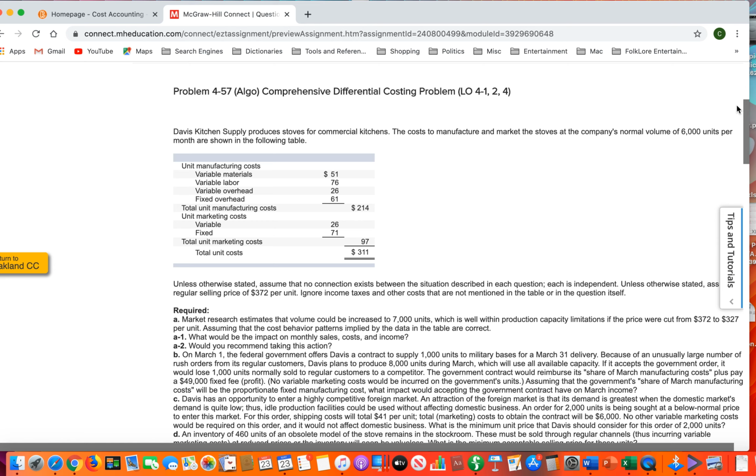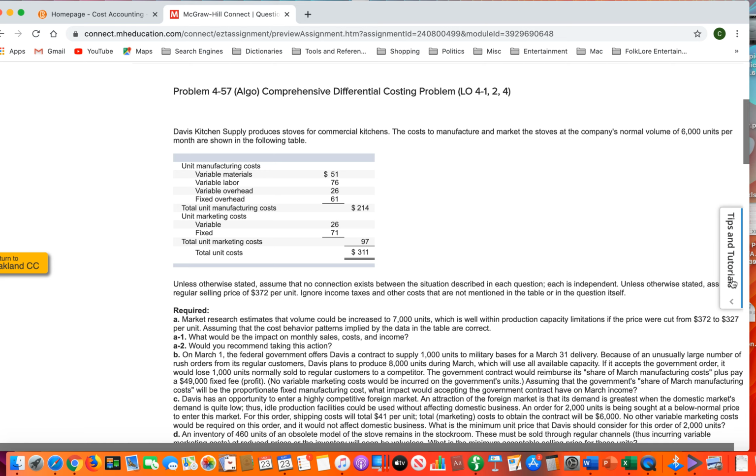The C, you got a foreign market that opens up to you. Boy, see, I want to show you how I did it. Here's what you do. You take that same variable cost, the same variable cost. So it's going to ask you, what's the minimum unit price to consider for these 2,000 units?